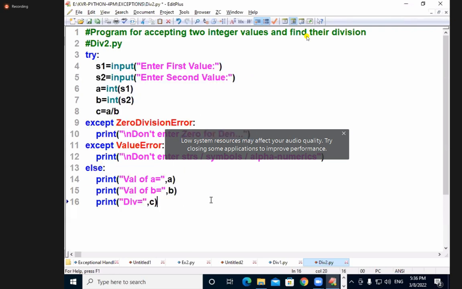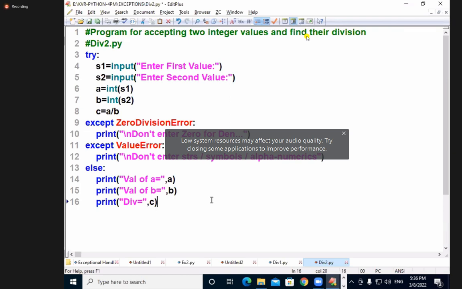If no exception comes, which blocks will execute? The try block, except block and else block are there. When no exception is coming, the try block will execute first, next the else block. Which block will not execute?